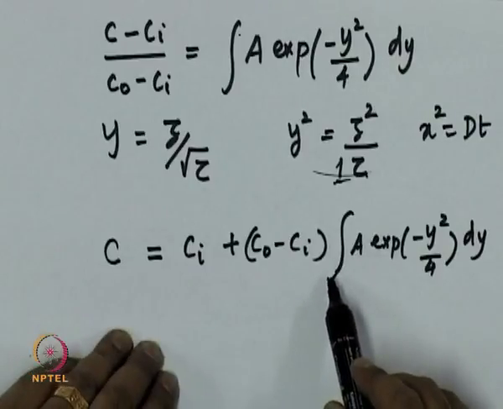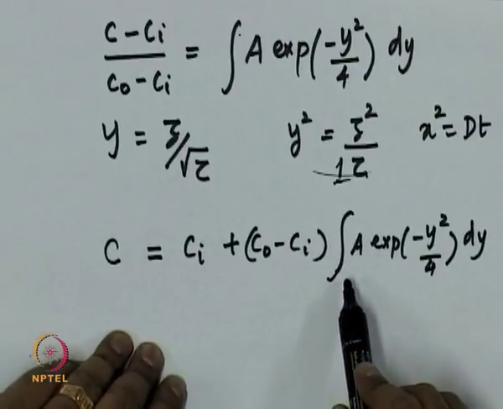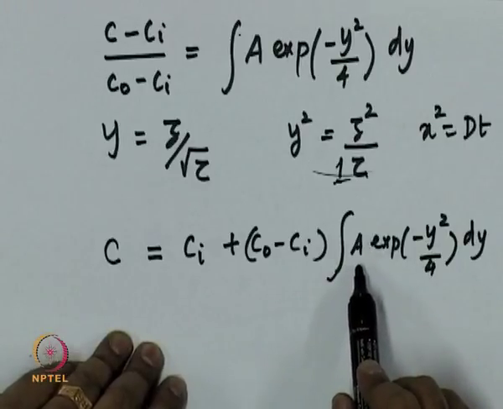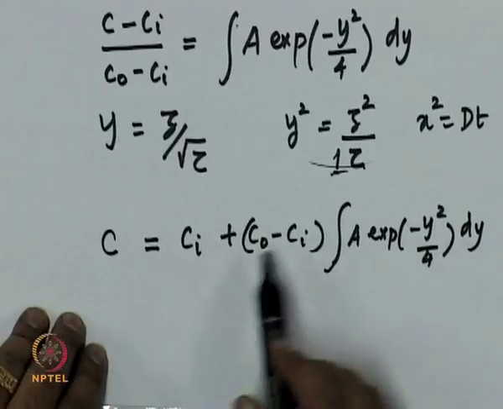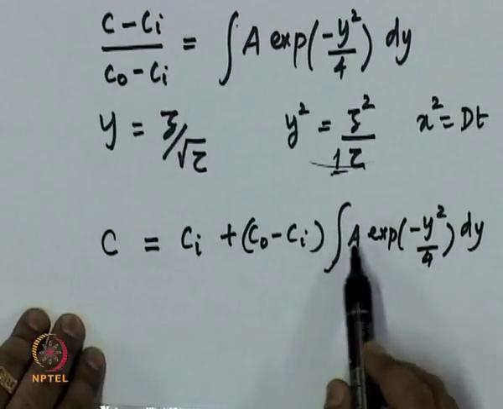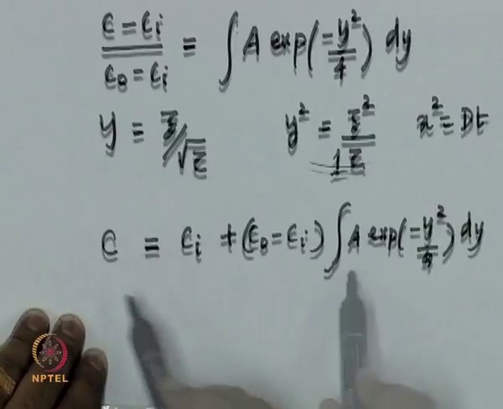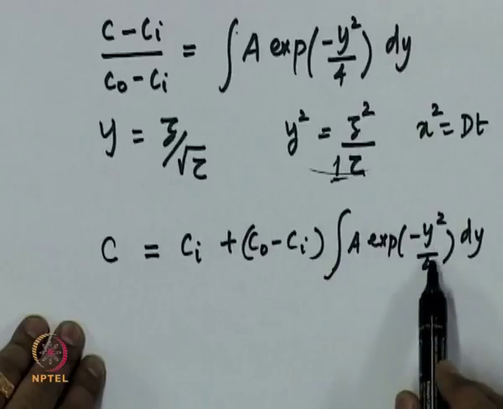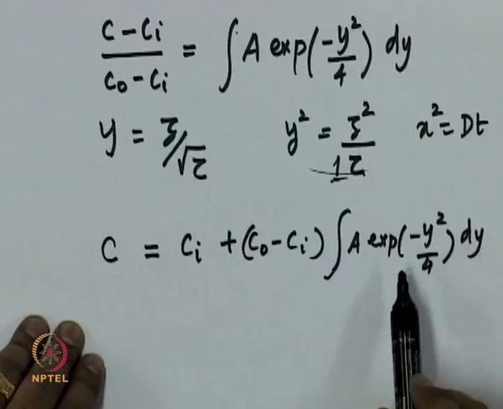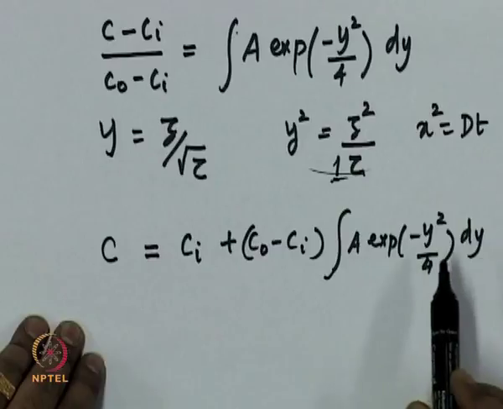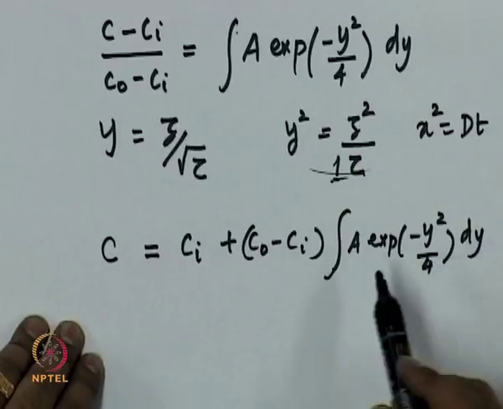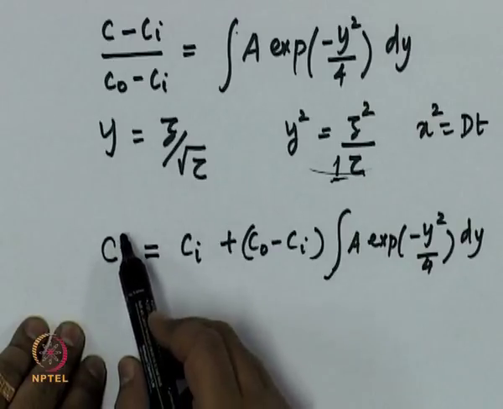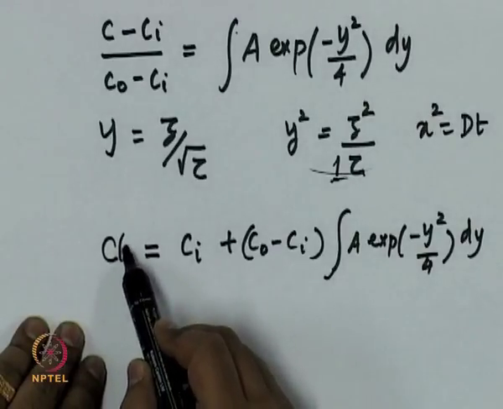This is part of the error function definition, it is a 2 by root pi or something like that, but I have left it as A itself for now, and you can look at Porter, for example, to know the exact value. Without this constant, the exponential minus y squared by 4 dy is known as the error function. Typically this quantity is tabulated and you look up the tables and use the values, and that is how you calculate composition as a function of position and time, right.